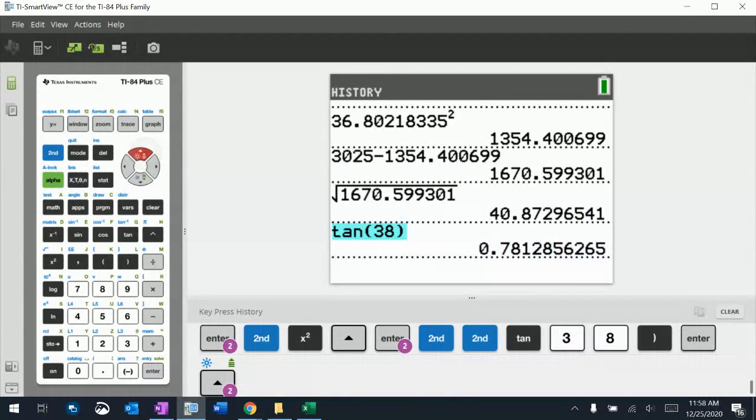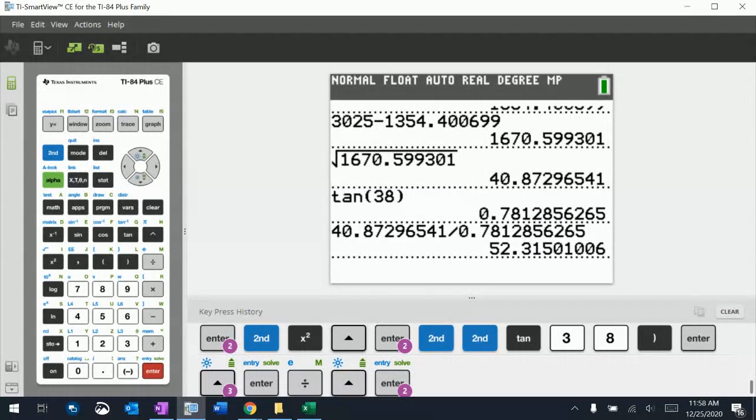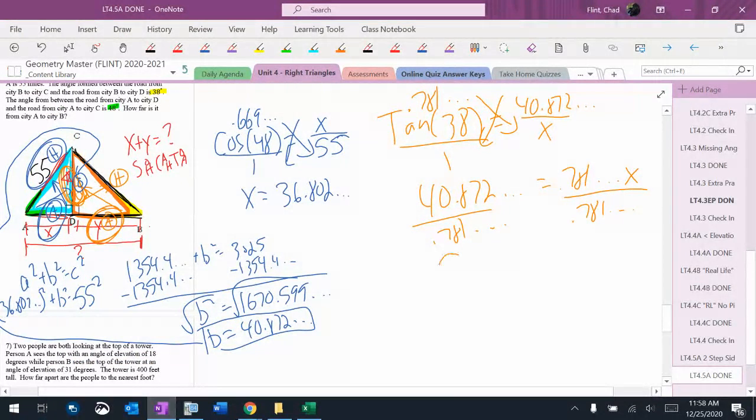Being careful here, with that number and that number, we get 52.315 equals x.